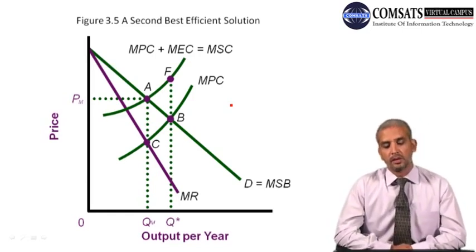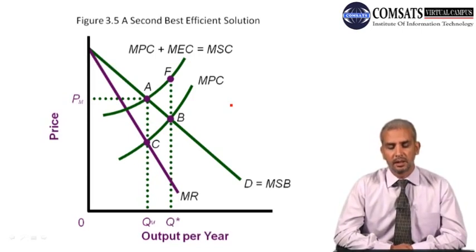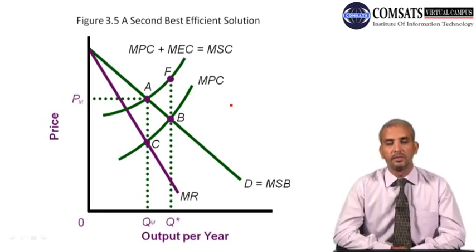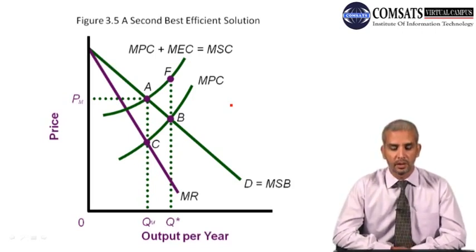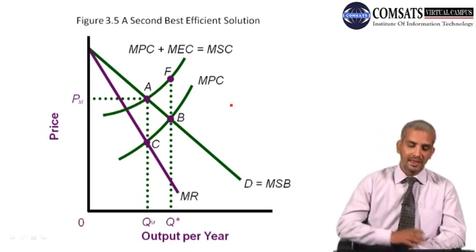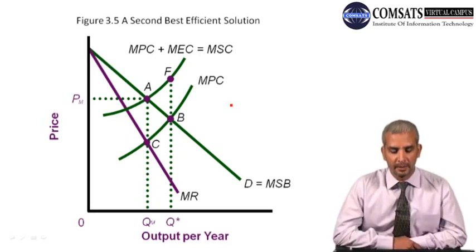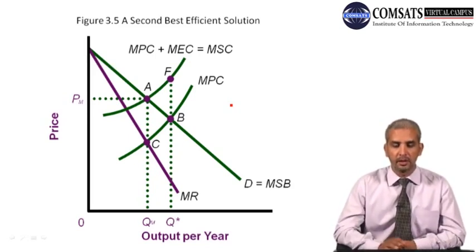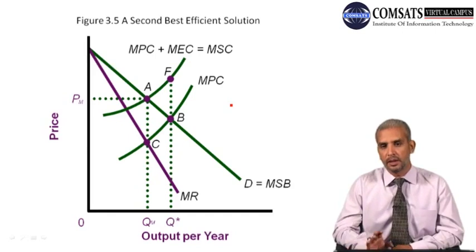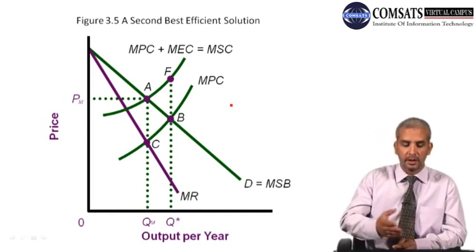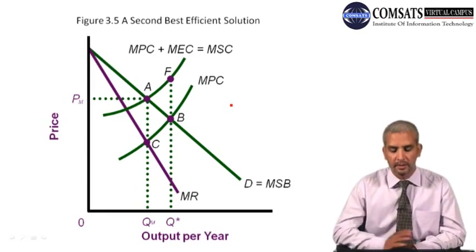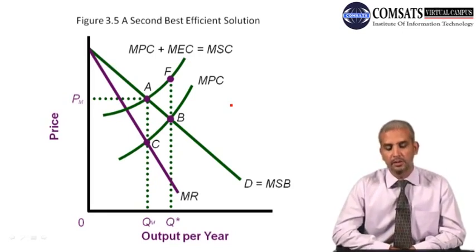So marginal private cost plus marginal external cost is equal to marginal social cost, and this would result in shifting of the curve upwards, and the new curve is represented by MPC plus MEC equals MSC, which is the marginal social cost. Now let's assume we consider it a monopoly, not yet a polluting monopoly, and as a government we ask it to increase the quantity, and the monopolist increases the quantity to Q star.